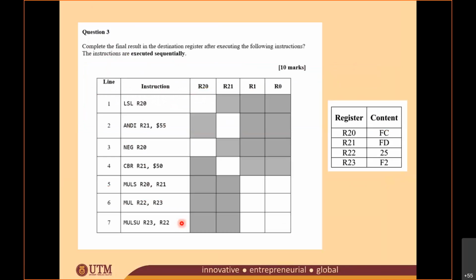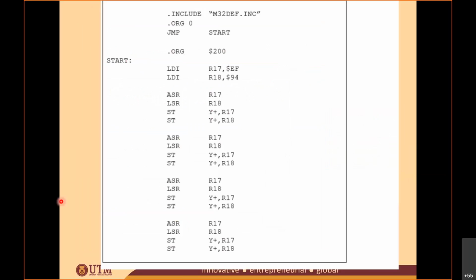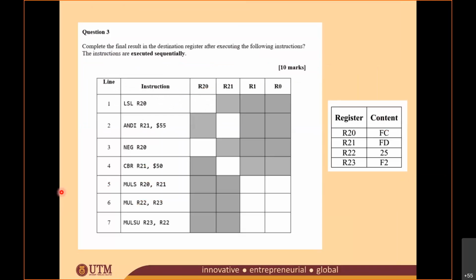This one here will be covered in your test 2. The test will cover from module 5 to which module was it? Module 8. Module 5 to module 8.